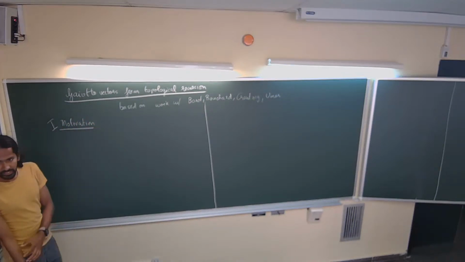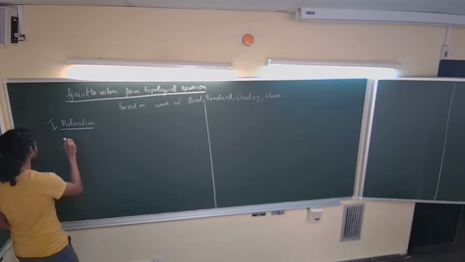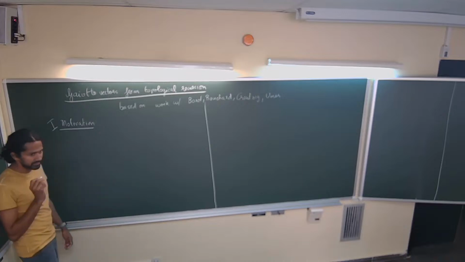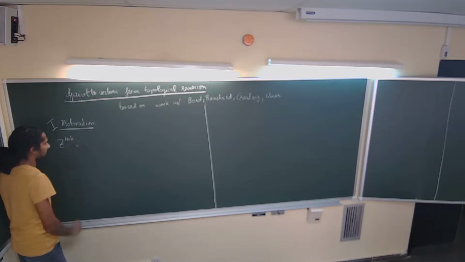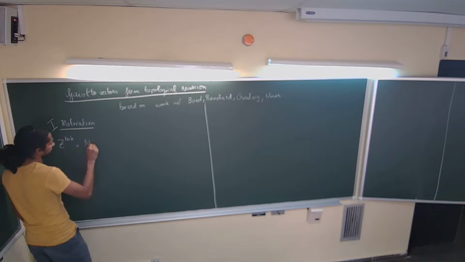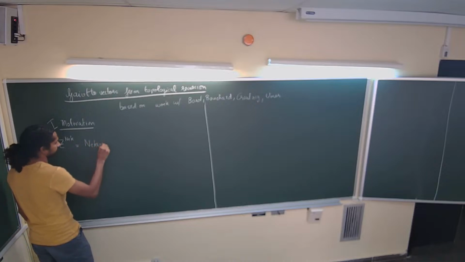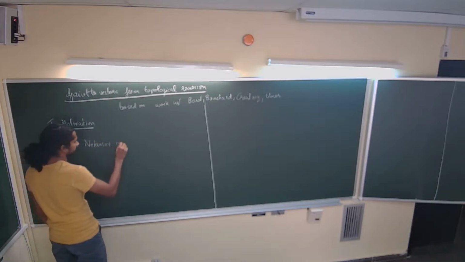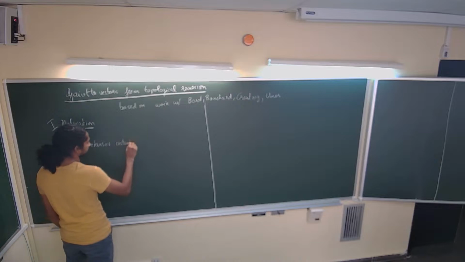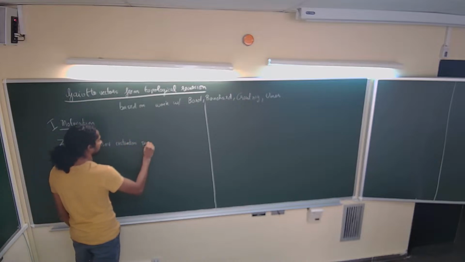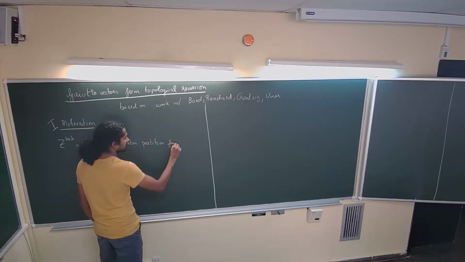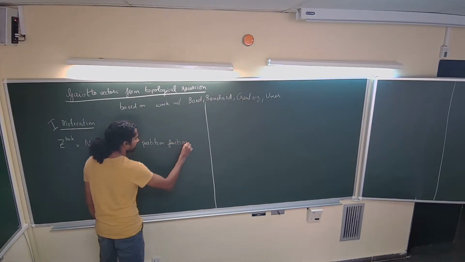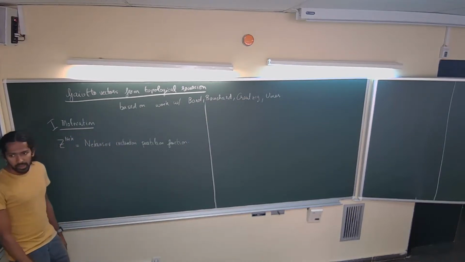So basically, one of the main objects that we're looking at is the so-called Nekrasov partition function. I'll denote that by Z. This is a pretty well-studied object from gauge theory.